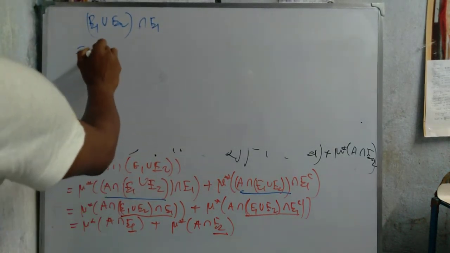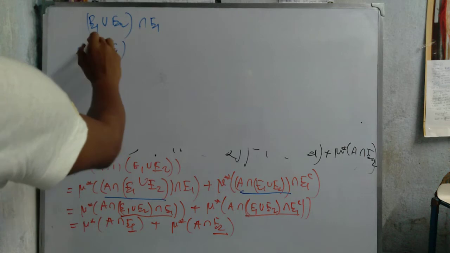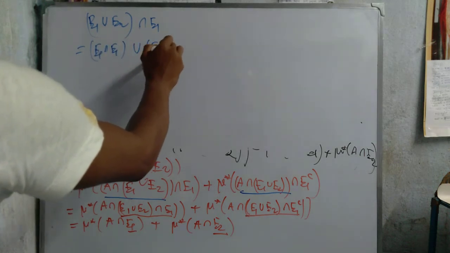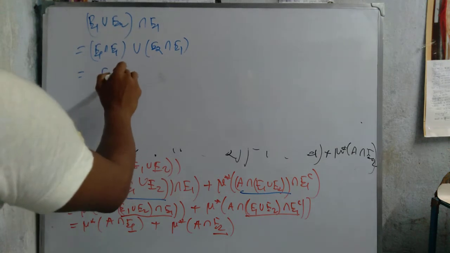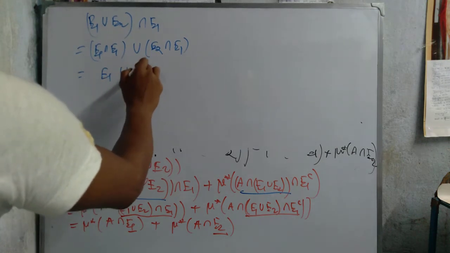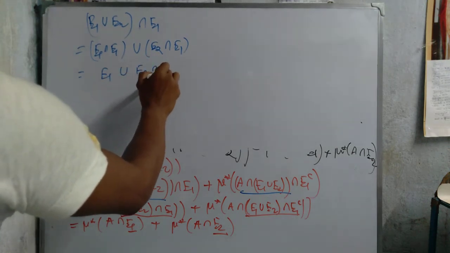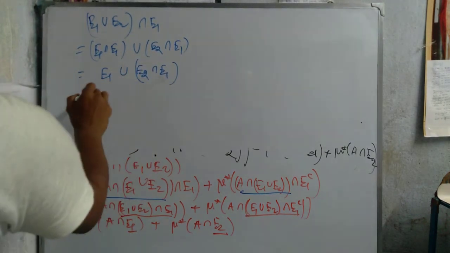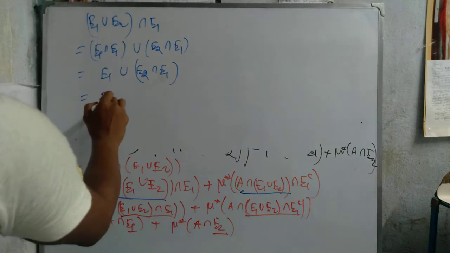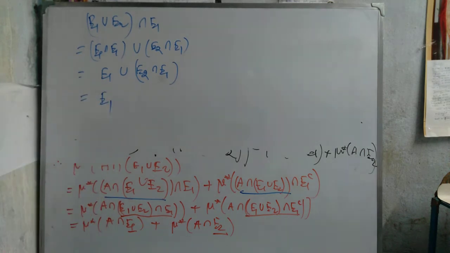So what happened here? E1 intersection (E1 union E2) intersection E1 equals (E1 union E2) intersection E1. So this one equals E1.